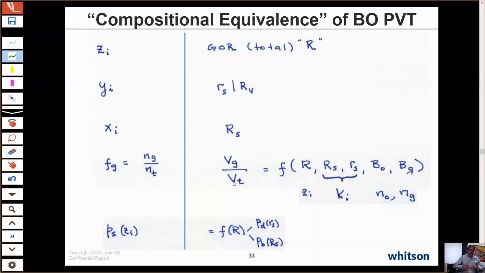Okay. So with that, I wanted to make some comments for those of you who might be familiar with a more compositional treatment of fluid behavior, and if not, then at least this will give you an introduction to that.